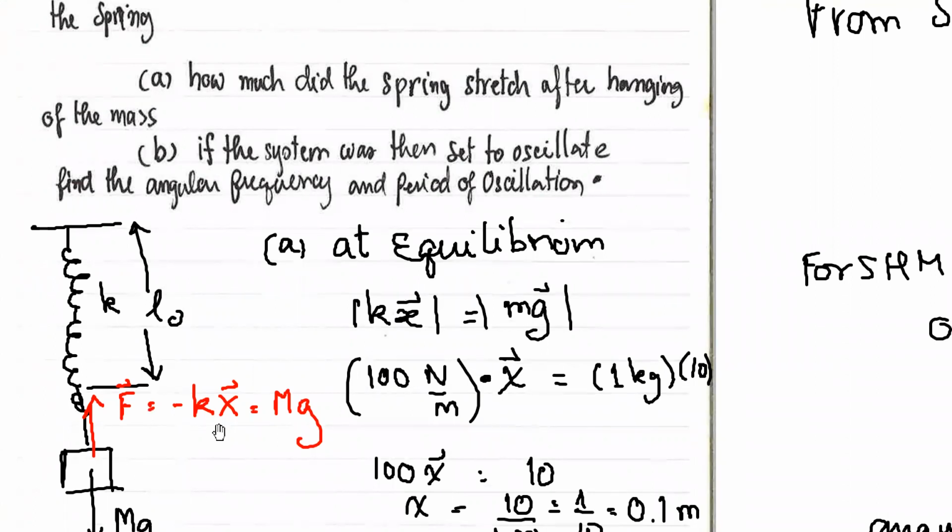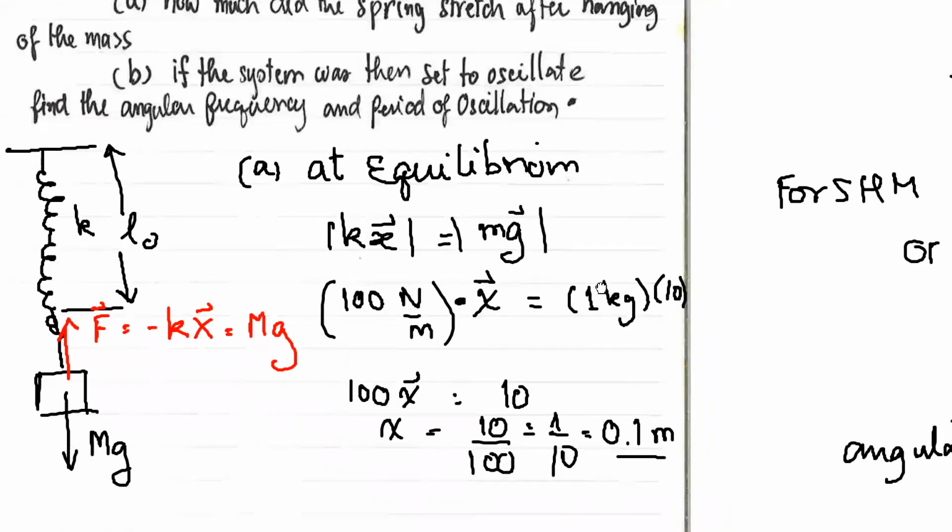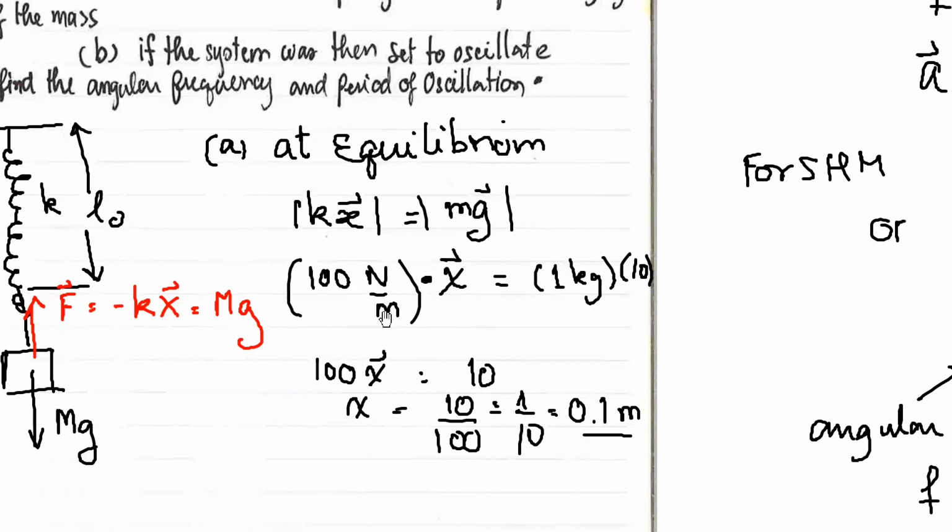So we get minus kx equal to mg, or in magnitude kx equals mg. k is 100 newtons per meter, x is the stretching distance, and you have 1 kilogram times 10, so 100x equals 10, and x is 1/10 or 0.1 meters, around 10 centimeters.